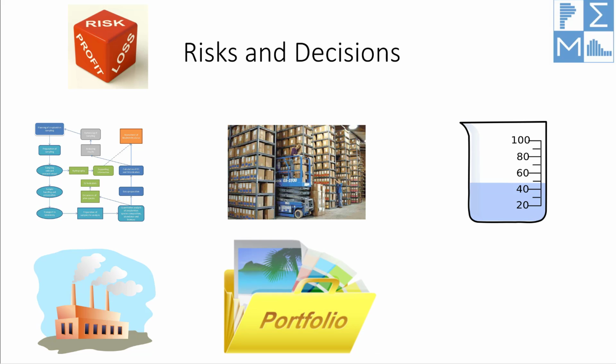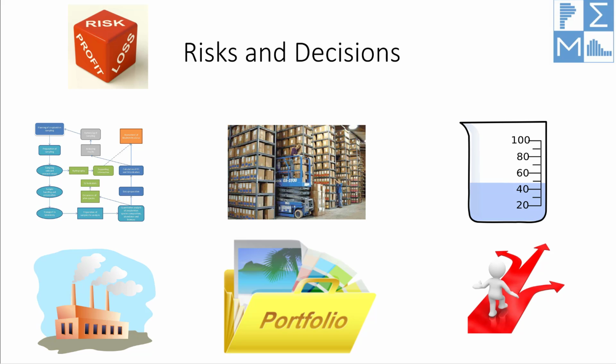And finally, you may have portfolio problems where you need to decide which projects to proceed with, which to shelve, which to sell, subject to certain constraints such as capital constraints. In all these cases, you have many options. You have to decide which way you're going to go, which path you are going to take.